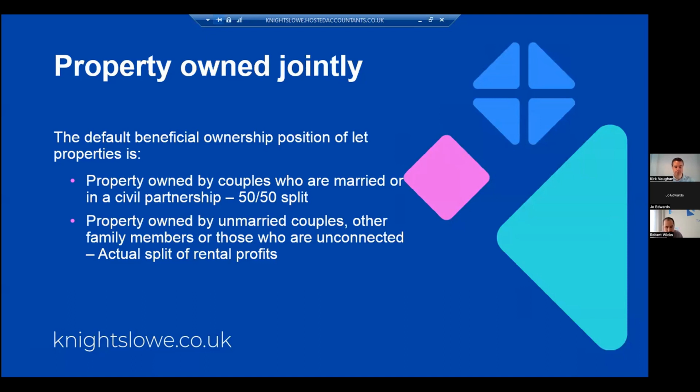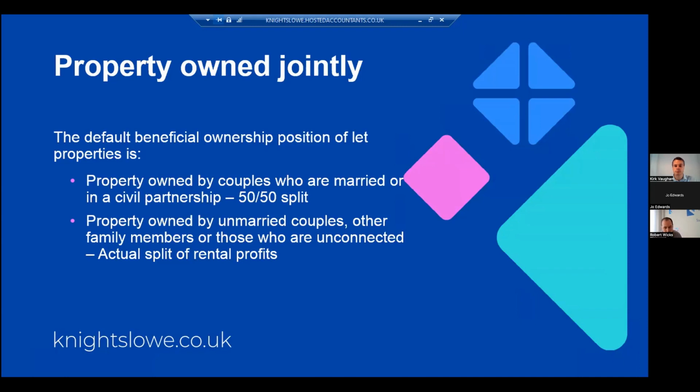Hi, everybody. So we're starting out with property owned jointly. Essentially, there's a default position for beneficial ownership. This depends on whether you're a married couple or in a civil partnership, or whether you're unconnected or family members of a different type, father and son, or siblings, perhaps you're just friends. If you're unconnected or an unmarried couple, then you will be assessed on the actual split of your rental profit.